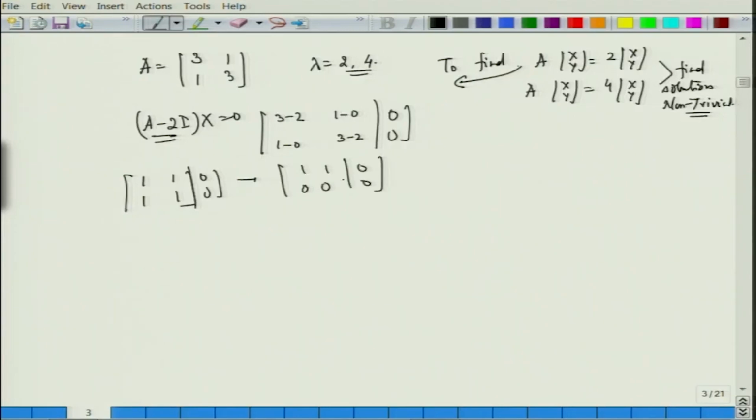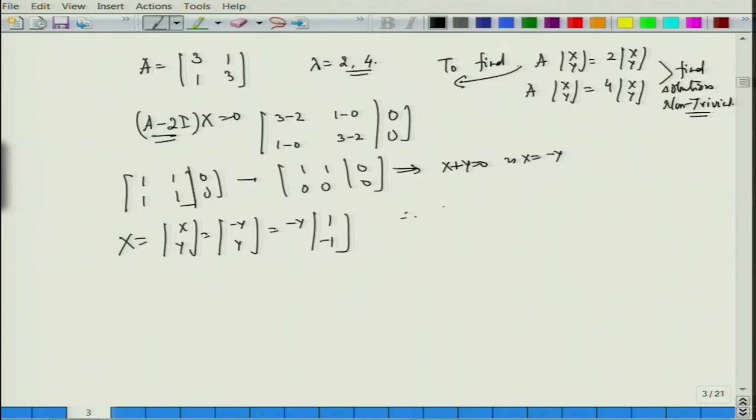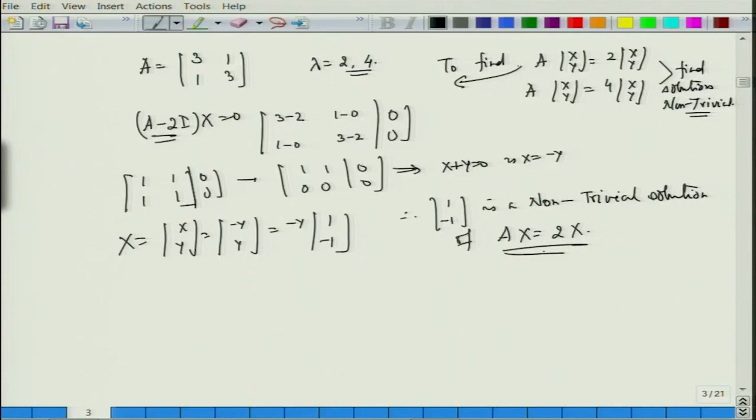This implies that the solution is x plus y equals 0, so x is equal to minus y. My capital X, which is (x, y), is (minus y, y). I take minus y outside and get (1, minus 1). Therefore, (1, minus 1) is a non-trivial solution of Ax equal to 2 times x, because I used 2 here to get my answers.